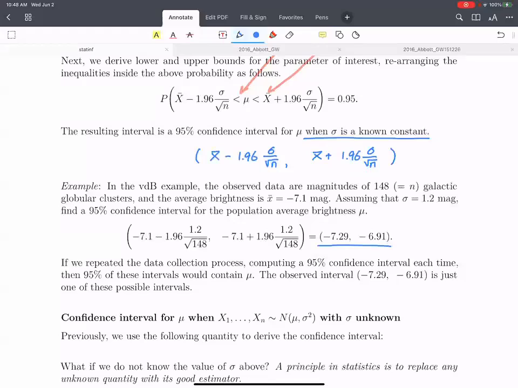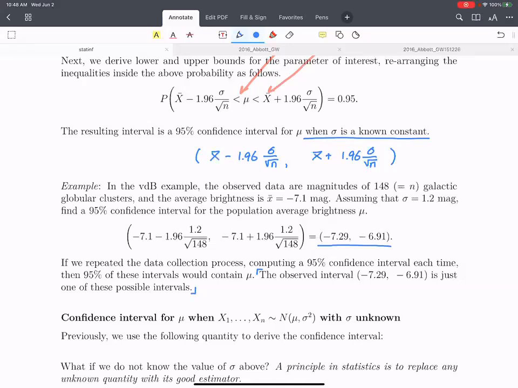For a confidence interval, the interpretation goes like this: if we repeatedly sample the data, computing a 95% confidence interval each time, then 95% of these intervals would contain the true parameter. This is the rigorous interpretation, and the following sentence here is a supplementary comment.